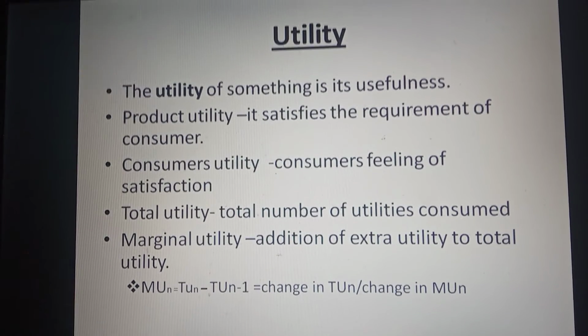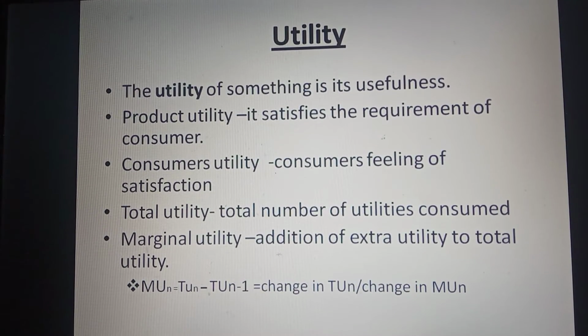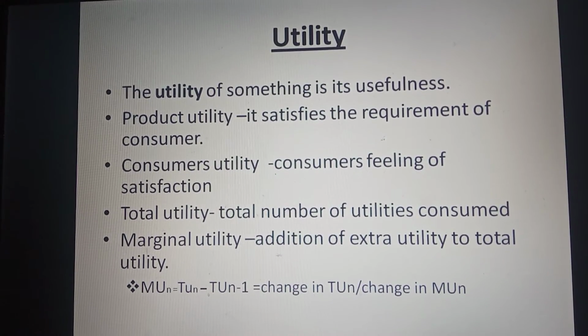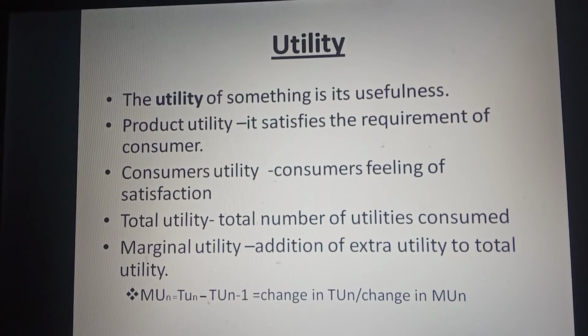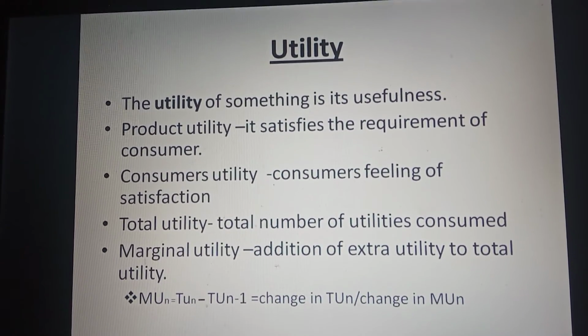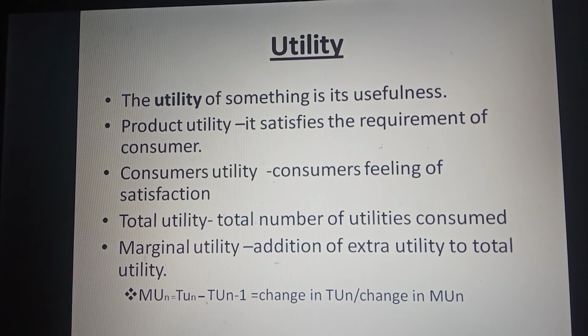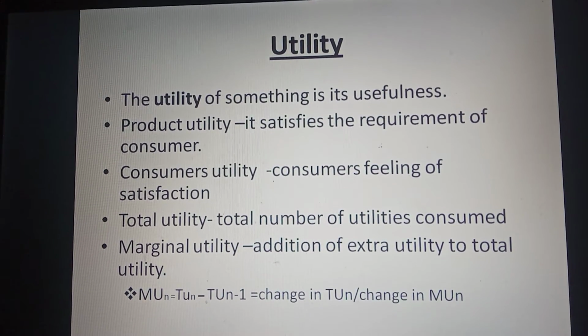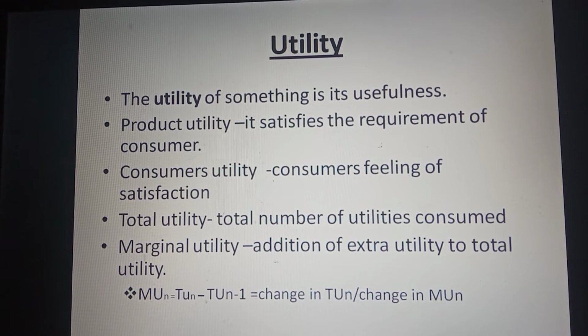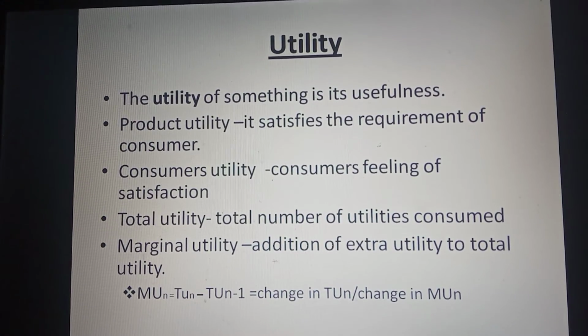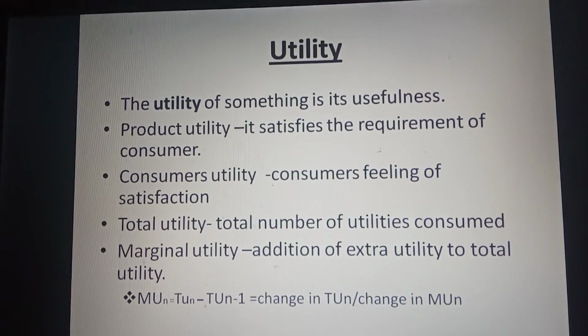Marginal utility. Marginal utility may be defined as the addition of an extra utility to the total utility resulting from the consumption of one additional unit. Thus, utility derived from the last unit consumed can be measured by change in total utility. It is proposed by Alfred Marshall.